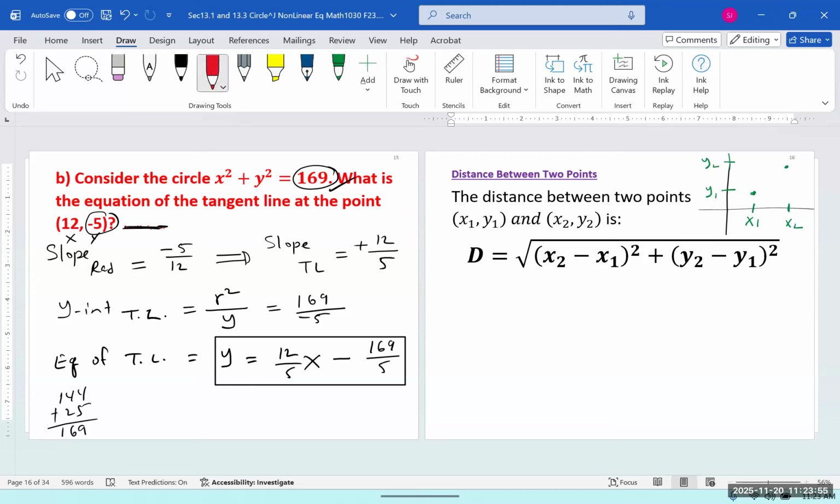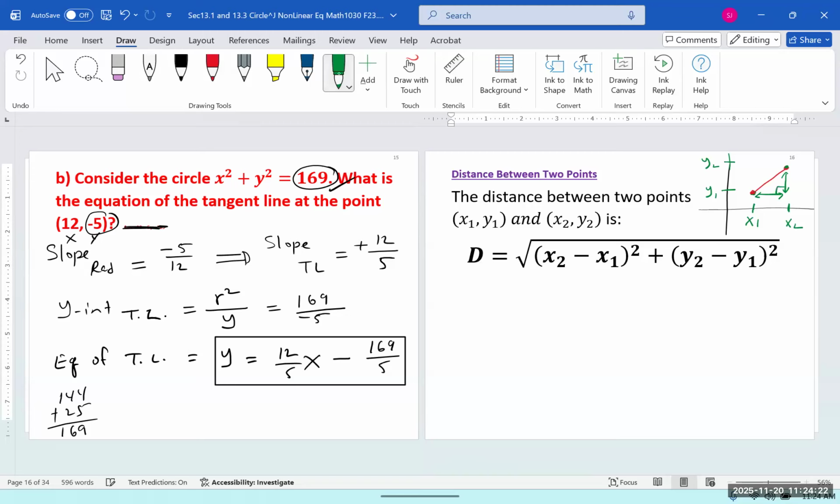Now the direct distance between the 2 points, x1, y1 and x2, y2, what we do is we take their vertical distance and horizontal distance. How much is this and how much is that? We observe them. If you look at the red line and the 2 green lines, we notice something, right?